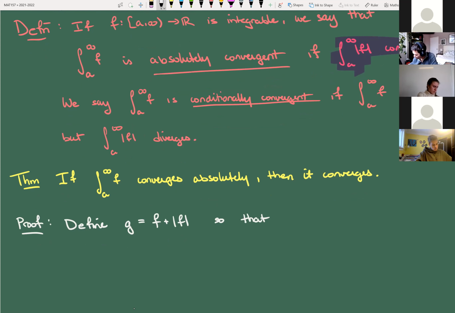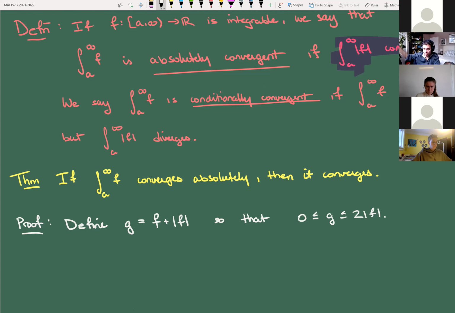So that what I want here is 0 is less than or equal to g, which is less than or equal to 2 times the absolute value of f. Okay, stare at that inequality. Convince yourself that it's true. So, right, if f is already positive, g becomes 2f, right?